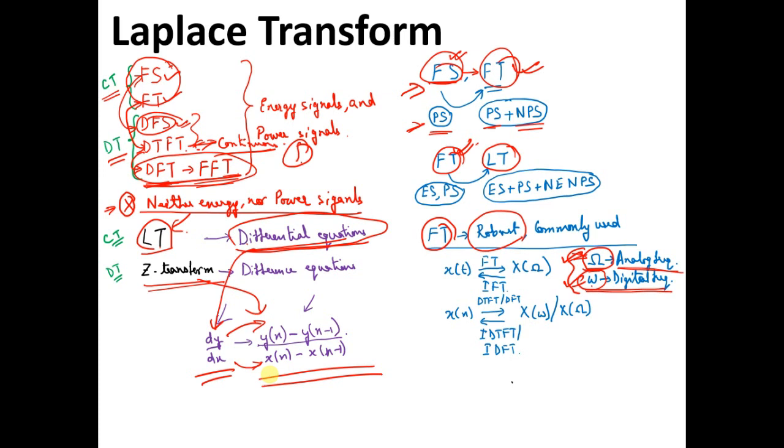We are taking this instance and the previous instance values to calculate dy by dx. There is another forward difference method where we use the future values. In that case, it becomes y[n plus 1] minus y[n] divided by x[n plus 1] minus x[n]. You getting my point?